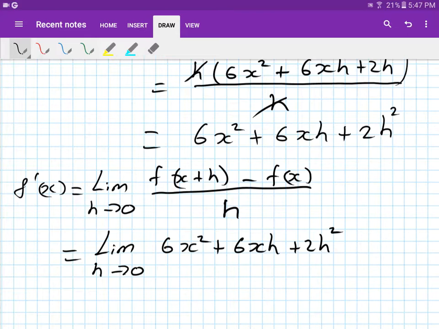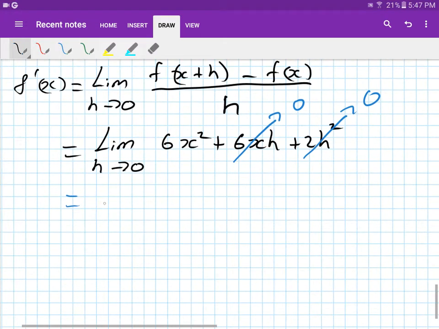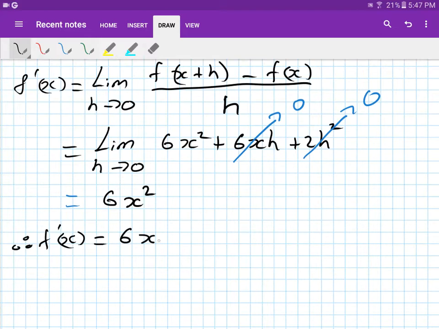So if h approaches 0, this means that this term approaches 0, because h becomes 0, and this also approaches 0. So your answer is 6x squared. Therefore, f dash x is equal to 6x squared.